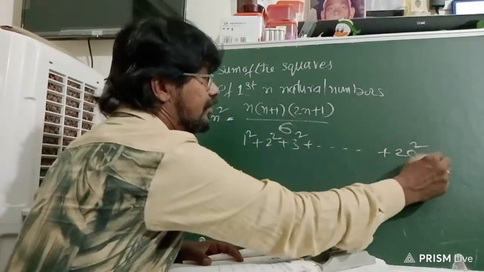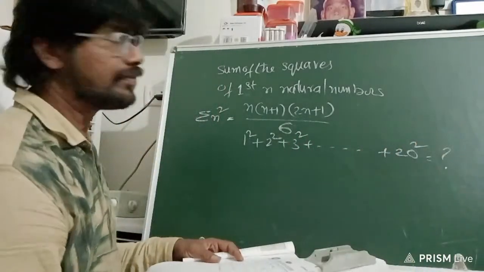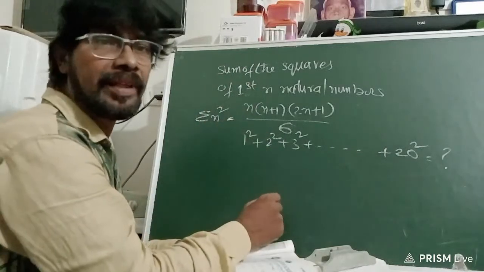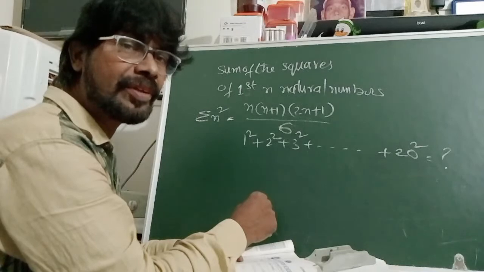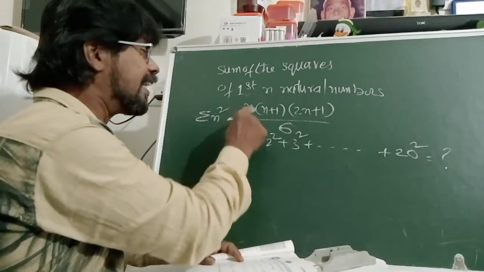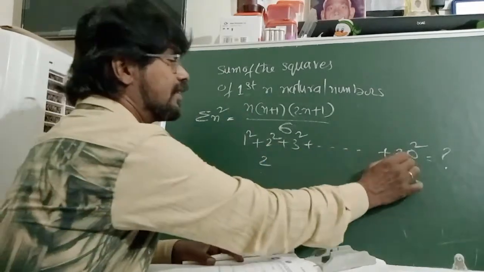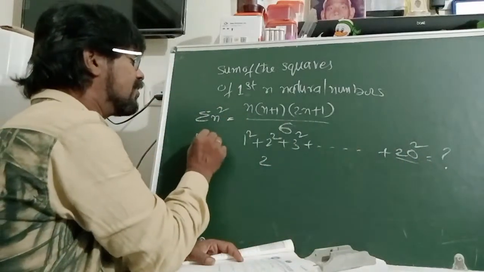Now 1 square, 2 square, 3 square, up to 20 square. What is its value? So formula n into n plus 1 into 2n plus 1 by 6. Here n is equal to 20. Last number is the n, so n is equal to 20.